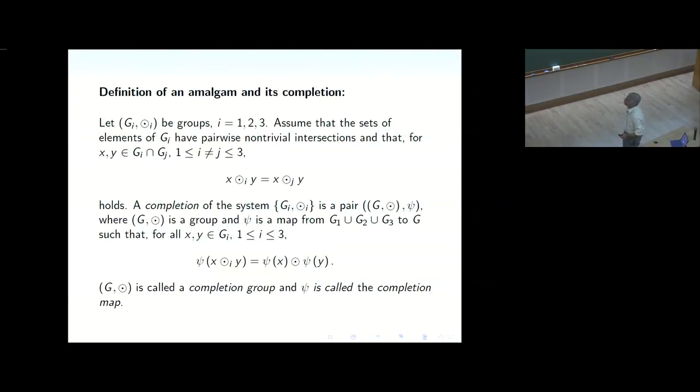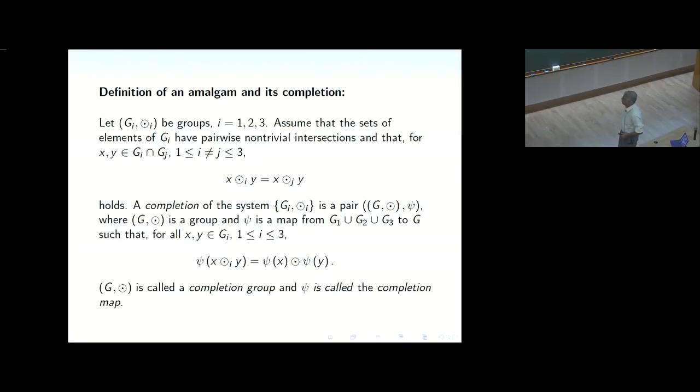The completion of the system is just a group G with a map psi from G1 union G2 union G3 to G, which has this property: psi of x times psi of y in the group G is psi of xy.